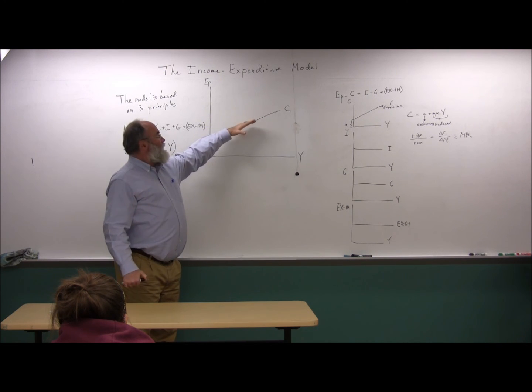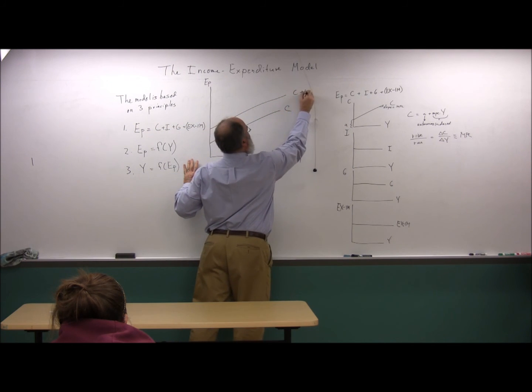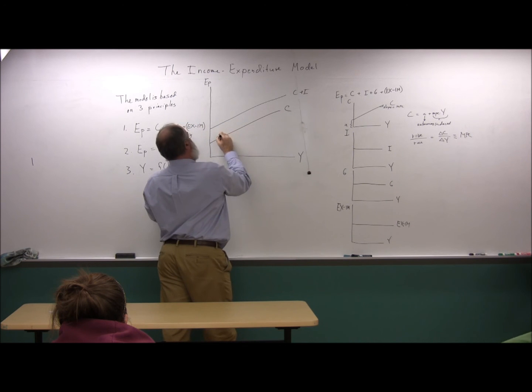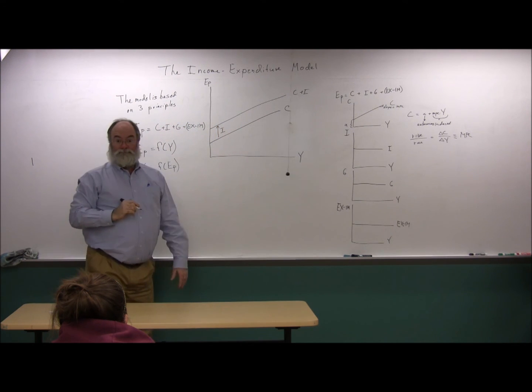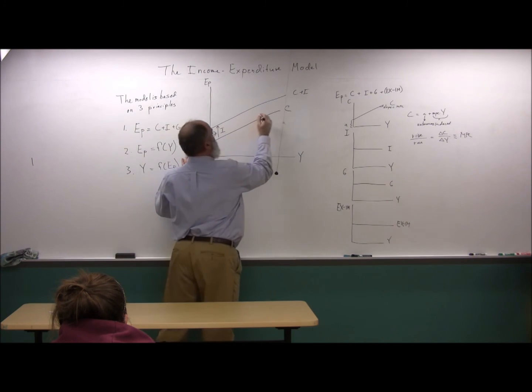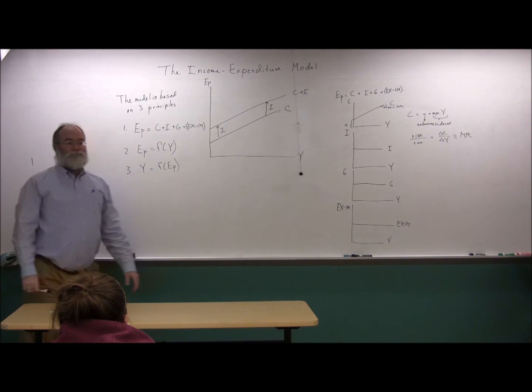You're right. But if we're adding a constant amount of investment, then C plus I is C plus the amount of investment. Okay, and it's the same amount here as here because that's a horizontal line.